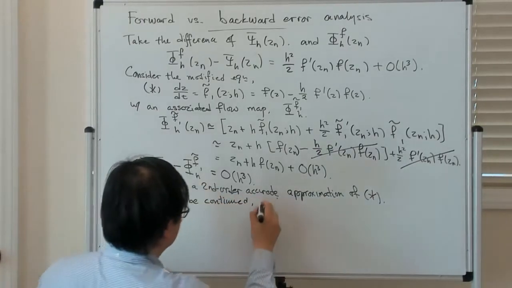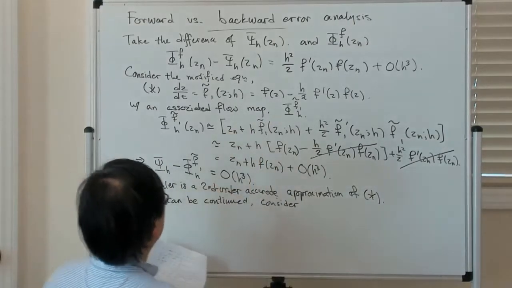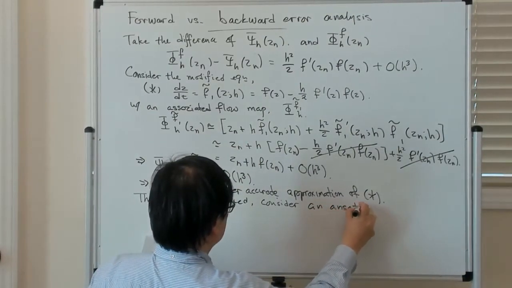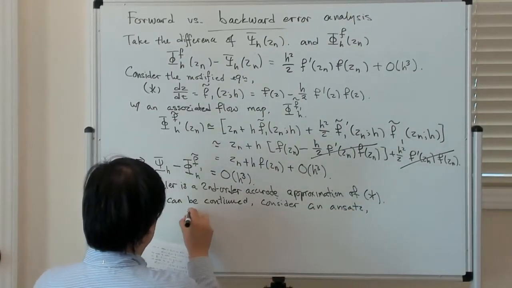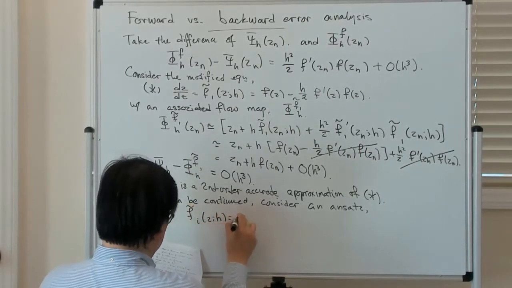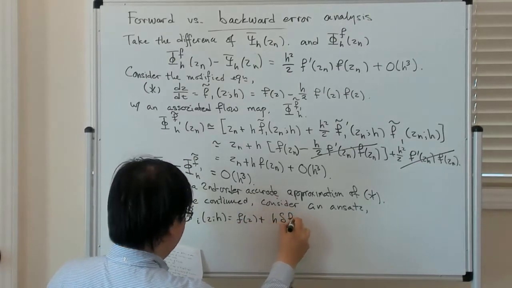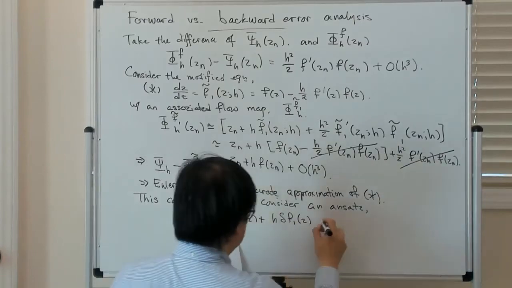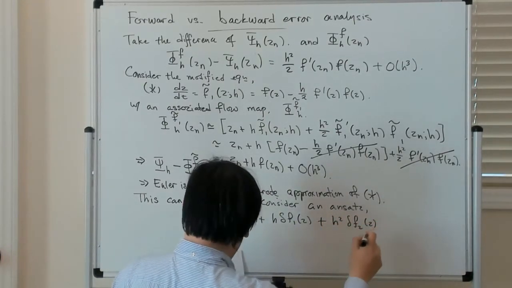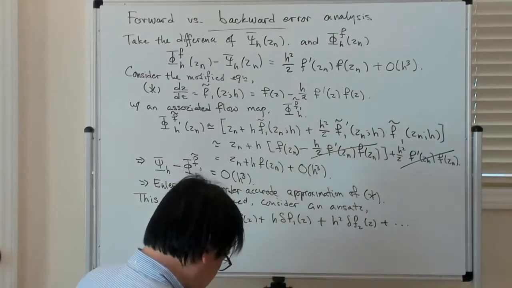So you consider the modified vector field, which looks like the following: f tilde(z, h) is f(z) plus h delta f1(z) plus h squared delta f2(z), and so on.